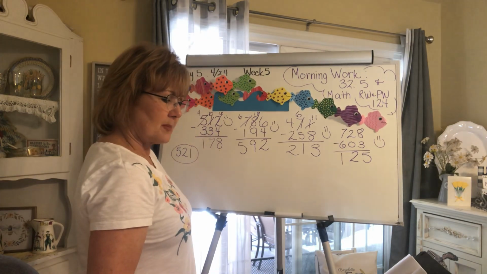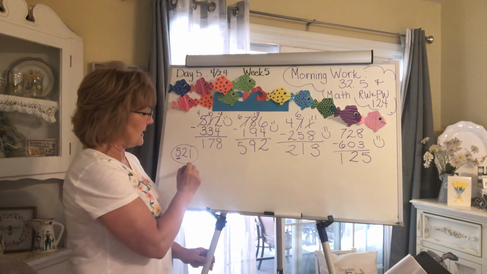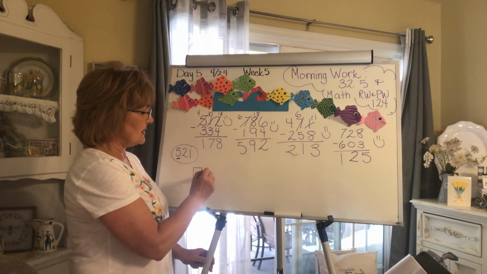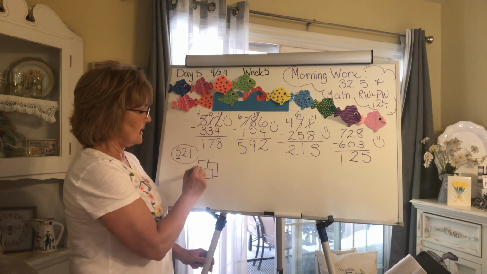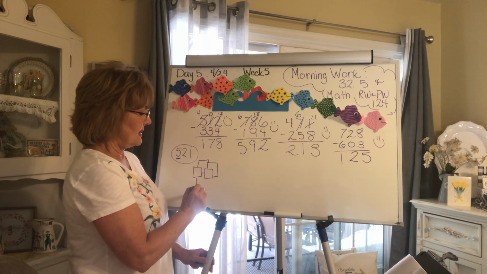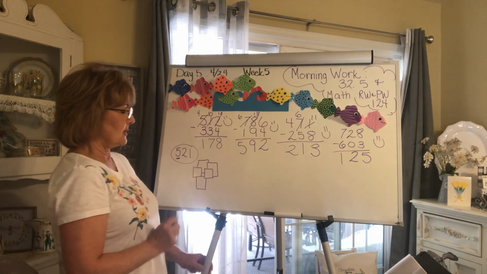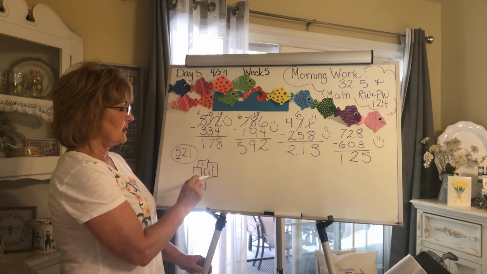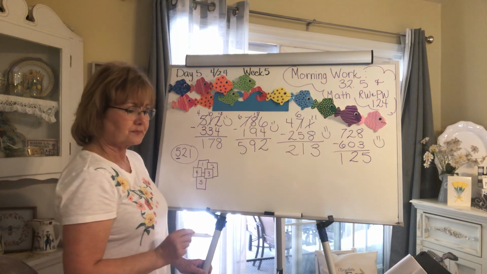All right, it says draw a picture. You notice that there are 5 hundreds. Remember, hundreds are flats. So you could have just drawn them side by side. You could have overlapped them. However you wanted to do it. You have 1, 2, 3, 4, 5 hundreds, right?